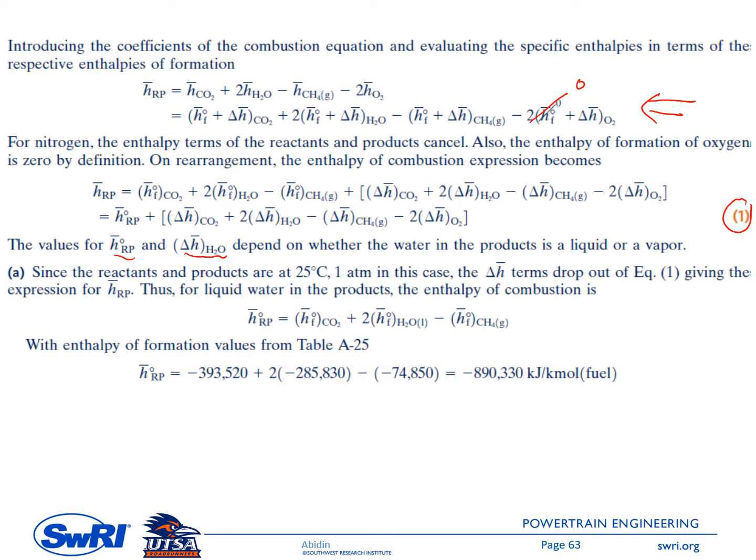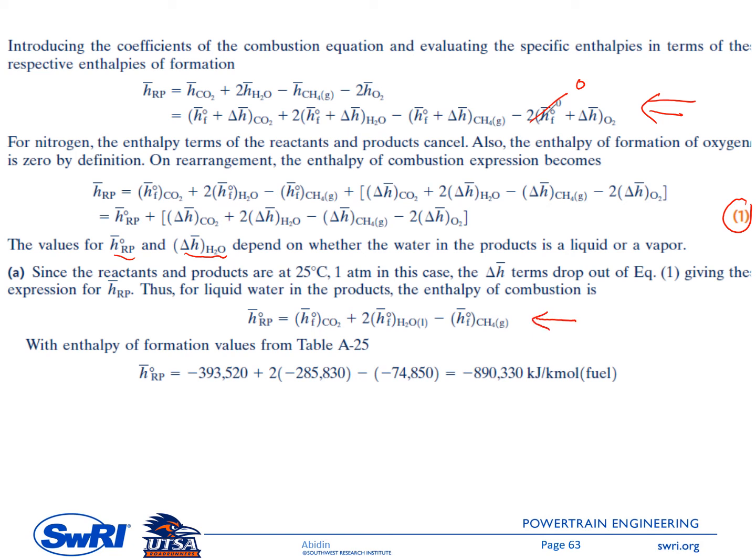So in question A, the reactant and product are at 25 degrees C and 1 atmosphere. So in this case, delta H drops out in equation 1, because it is at reference condition, so we don't have delta H here. Then we can simplify equation 1 to get this equation.